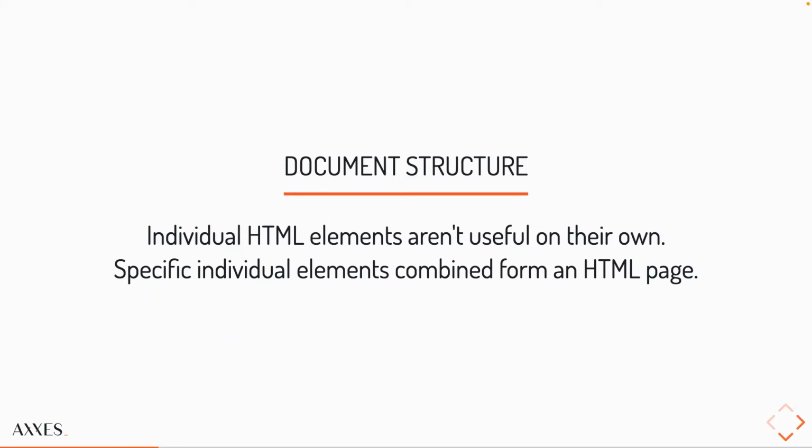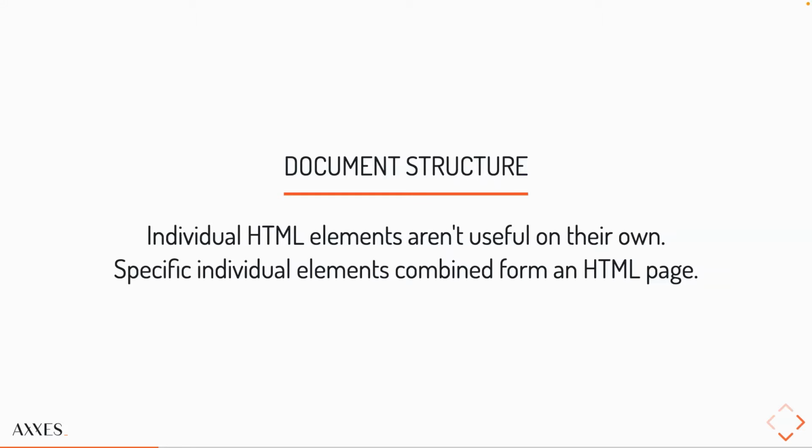Okay, a bit of a small summary of the document structure. Like I said, we have the HTML tags, the body, the head, and the different elements, the p tag. Visual HTML elements aren't useful on their own.